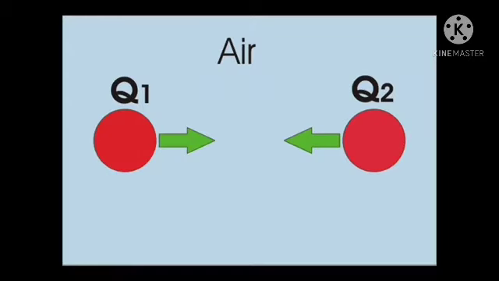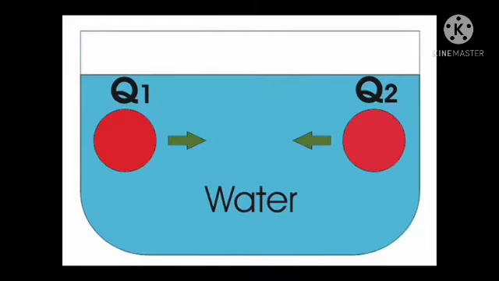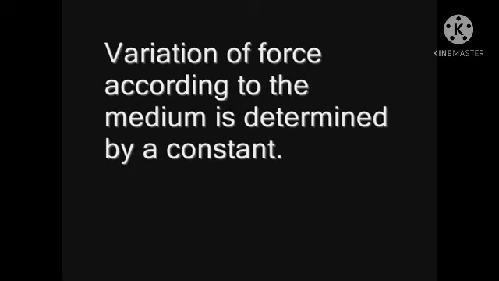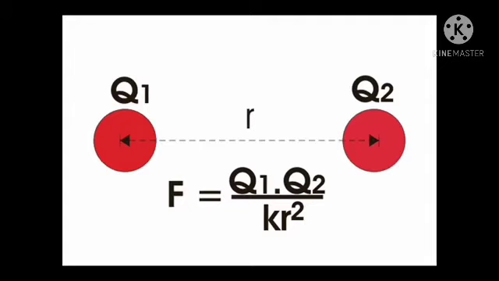Here we take the air medium, water medium, any medium. Variation of forces according to the medium is determined by a constant. Here the constant is K. F equals Q1 Q2 by K r squared. This is Coulomb's law.